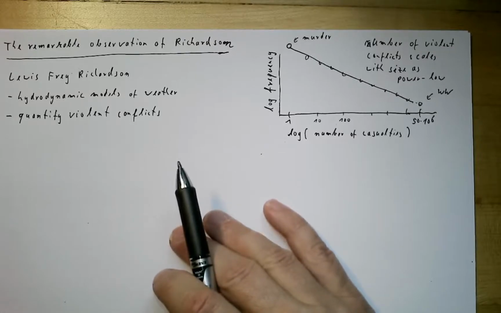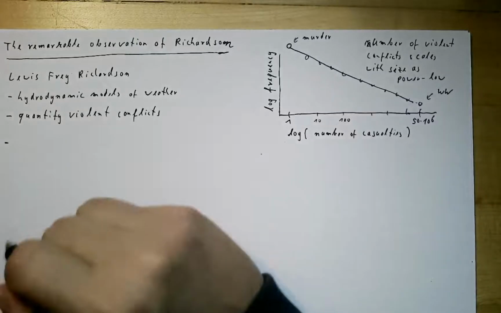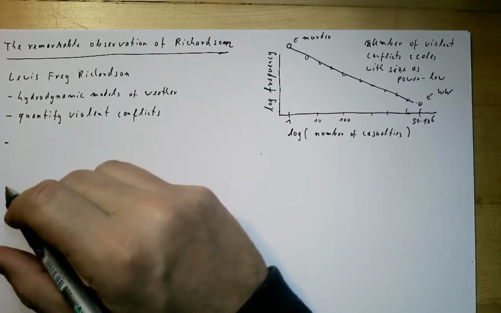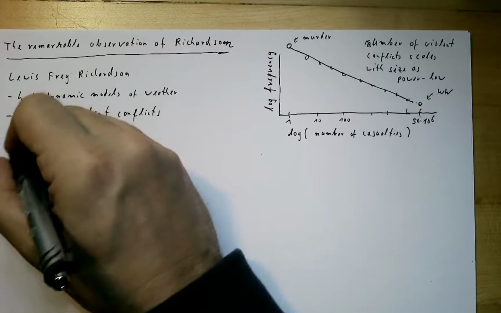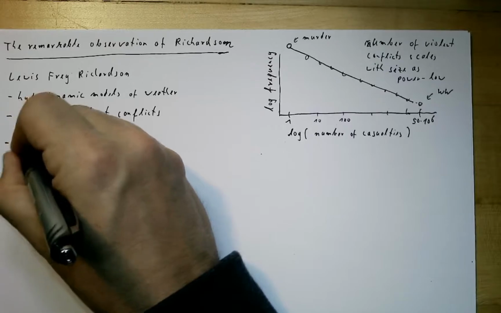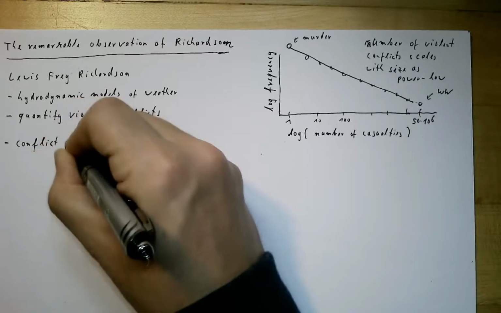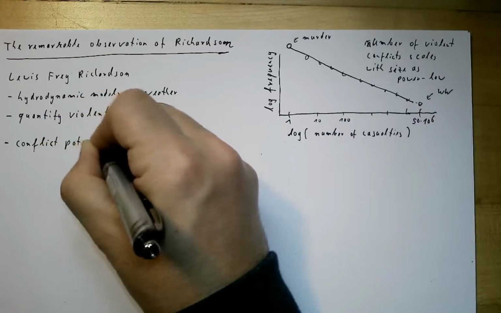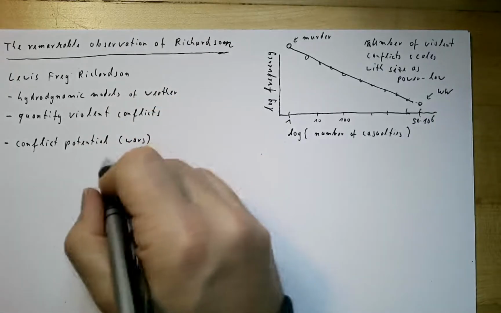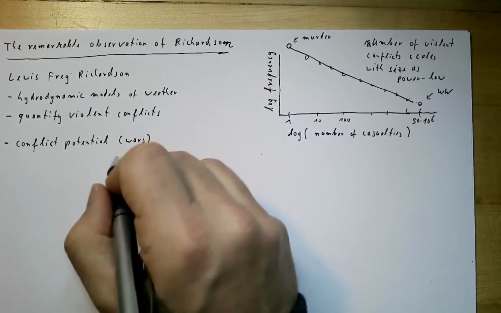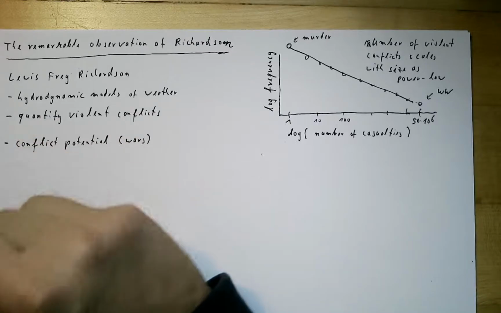It's about a different contribution by him, but also related to quantifying violent conflicts. He came to the idea: what is the conflict potential? Speaking about wars, what's the chance that two countries have war? And then he assumed maybe this has something to do with the borderline between the countries.